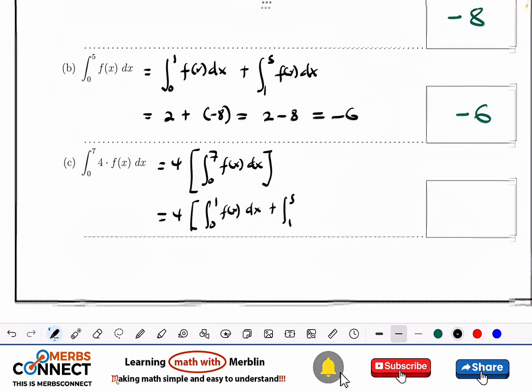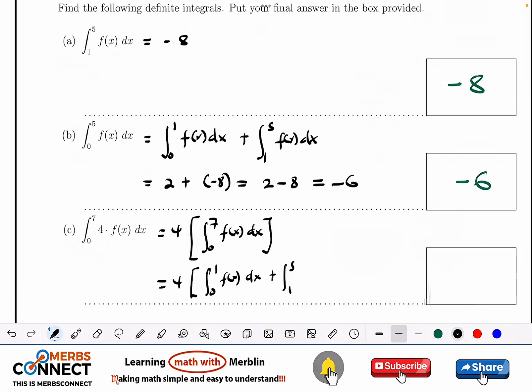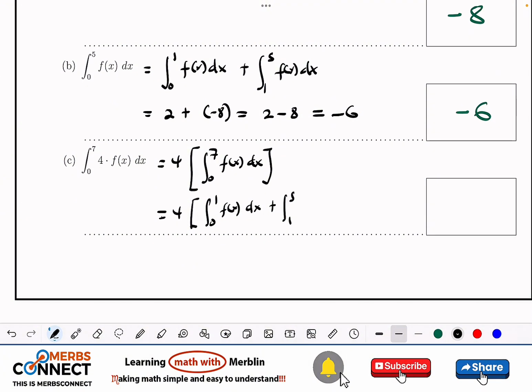Or you can just jump, but let's just do it. Because we've done 0 to 5 already, then we do 5 to 7, but let's just do everything again. Then f of x dx plus, now moving from 5 to 7, f of x dx. So this is what I'm going to get.